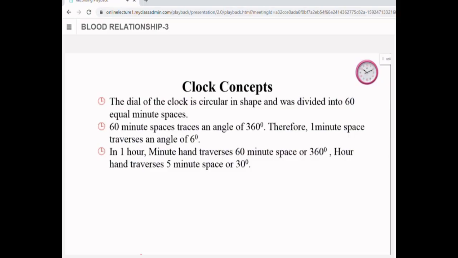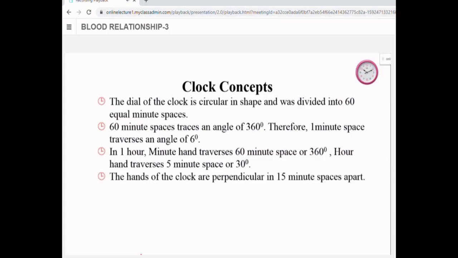If the second hand is there, then there will be 3, but remove that; take hours and minutes. The hour hand will be smaller, the minute hand will be bigger. The bigger hand moves 360 degrees in 1 hour, whereas the hour hand moves 5 spaces, or you can say 30 degrees. 5 into 6 is 30 degrees, from 1 o'clock to 2 o'clock.